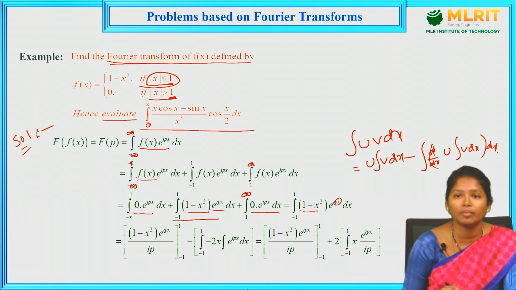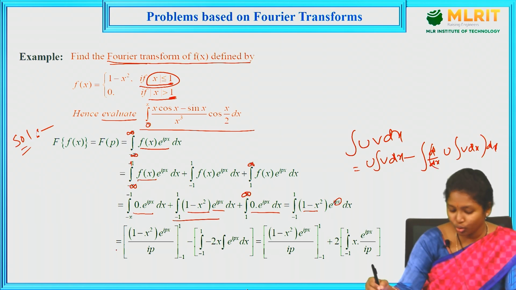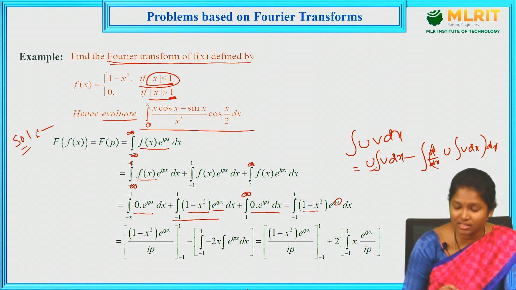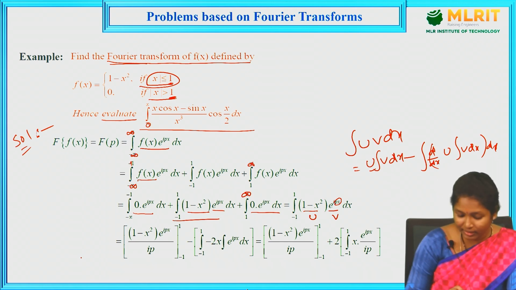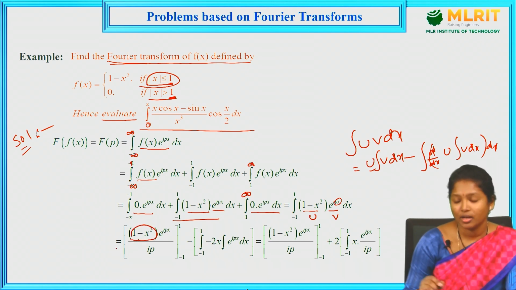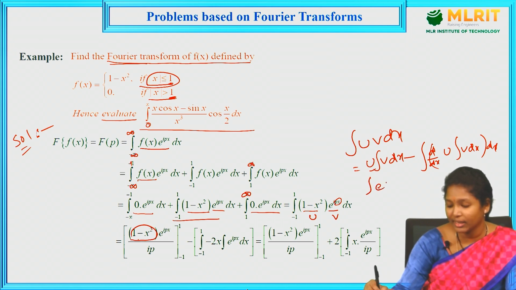This is the formula, right? Here u is 1 minus x square and v is e power ipx. So we substitute in the formula: the u term is 1 minus x square, and the integral of v is the integral of e power ipx dx.